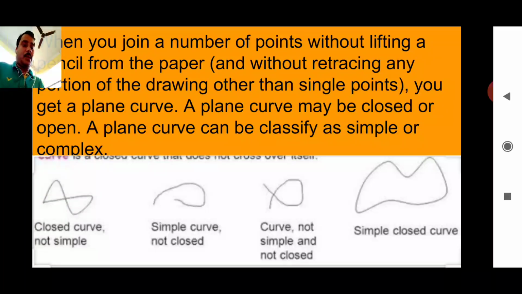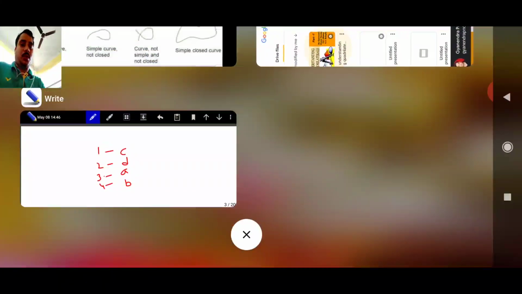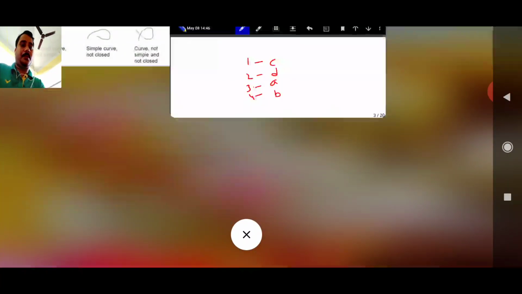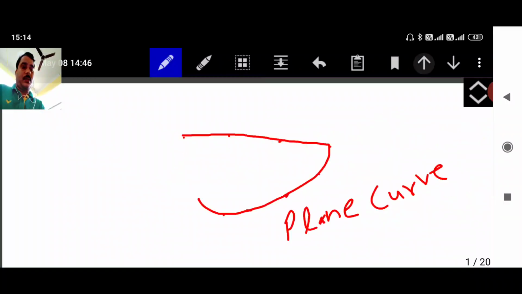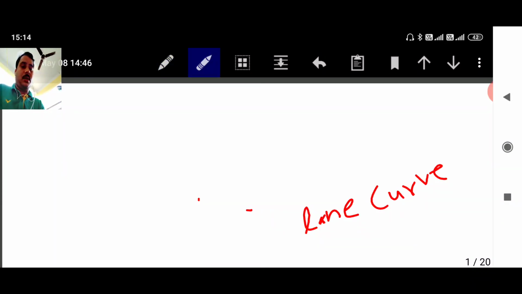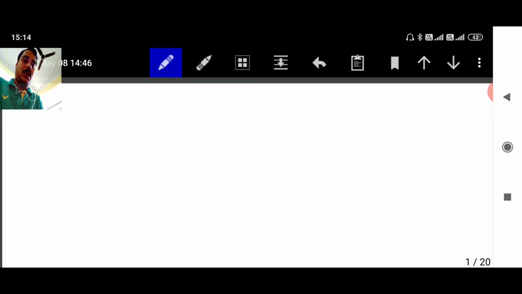Okay, so if we want to discuss simple, open and closed curve, and complex curve. First, if we draw some points in a plane and we join these points without lifting the pencil or pen from the paper, then we get a simple curve, or curve.